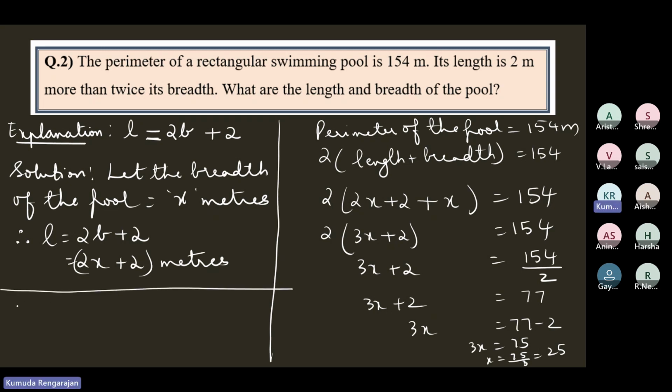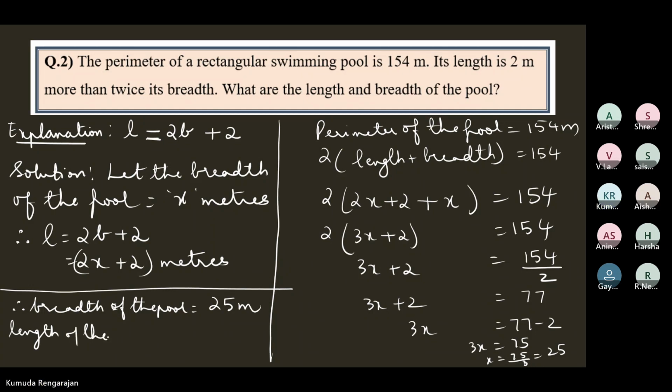So this is how you'll have to finish your answer. Therefore, breadth of the pool is equal to 25 meters. Length of the pool is equal to 2 into 25 plus 2, because 2x plus 2, right?